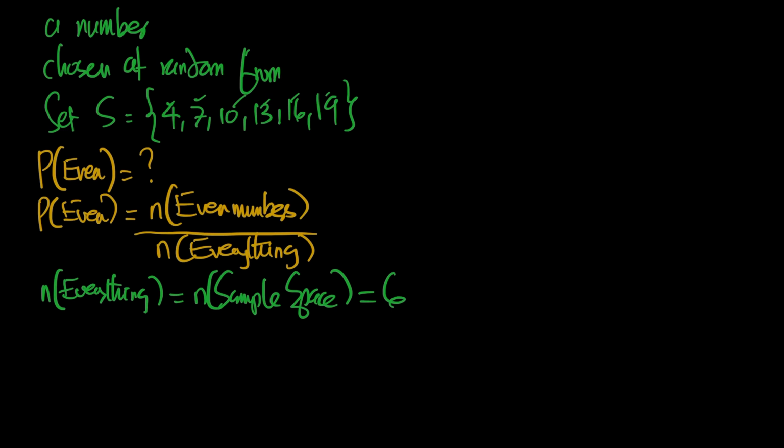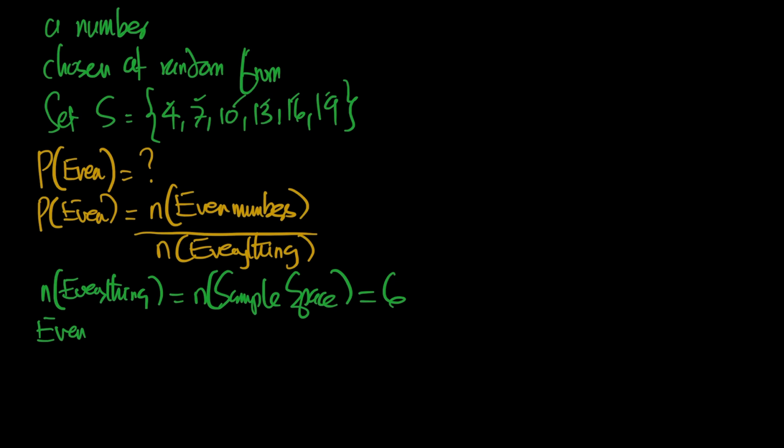The next thing we look for is the number of even numbers found within the sample space. Before we look for the number of even numbers, let's look for the even numbers.